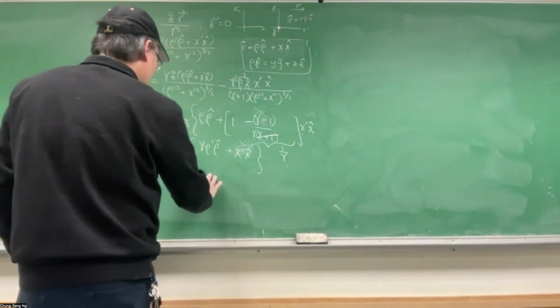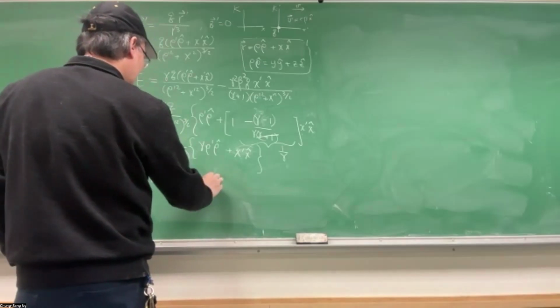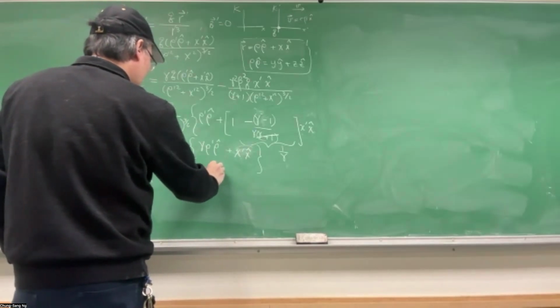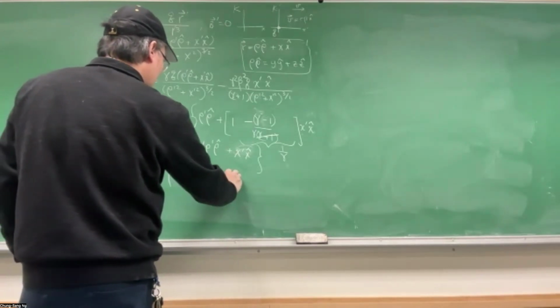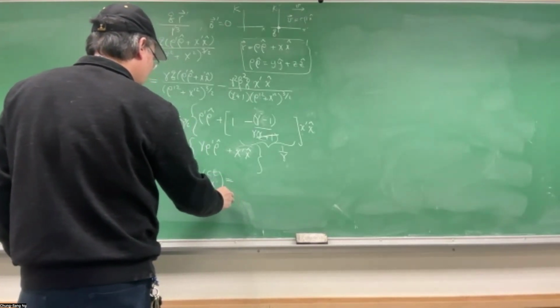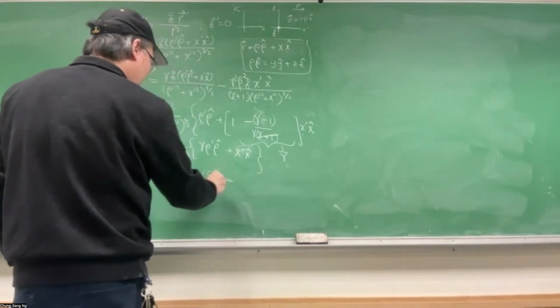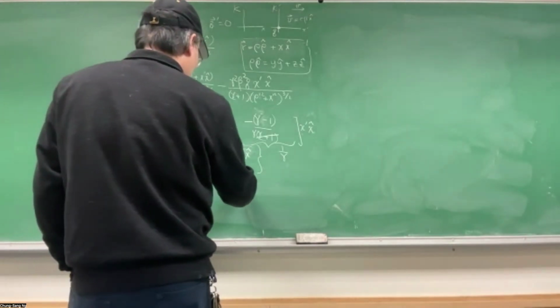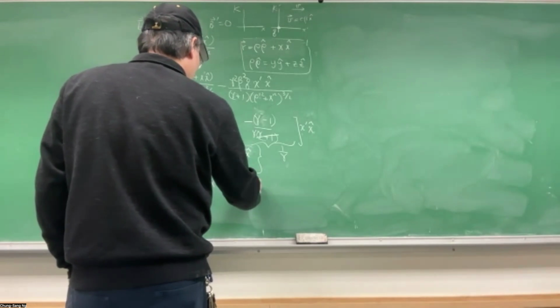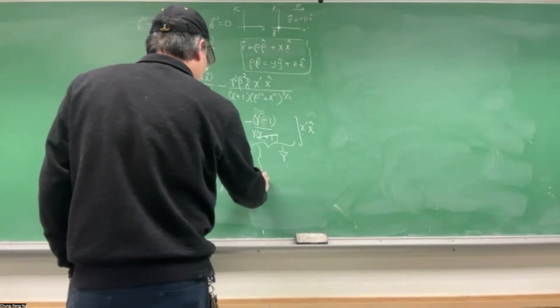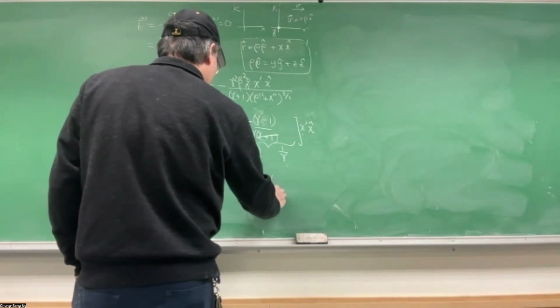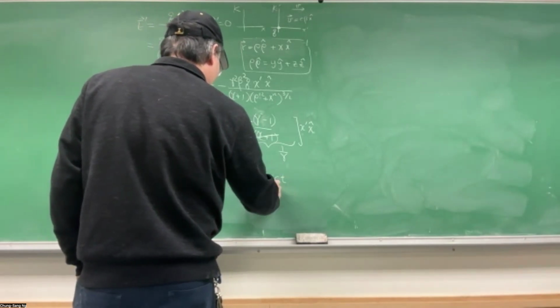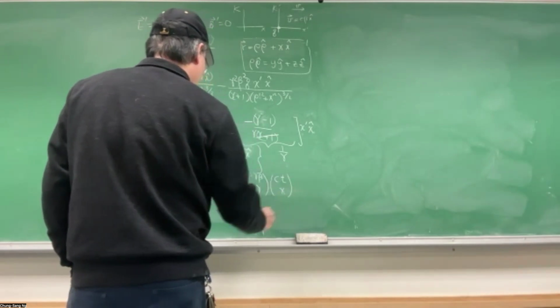So you can say that you want CT and x pi, transformed from x, or you can actually express x pi in terms of the original one: gamma, minus gamma beta, minus gamma beta, gamma, times CT and x.